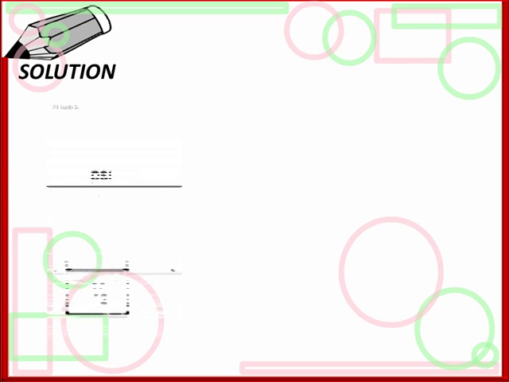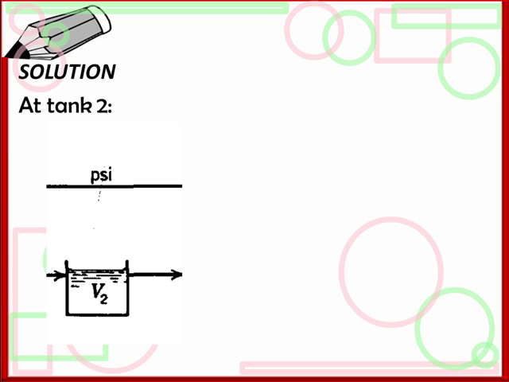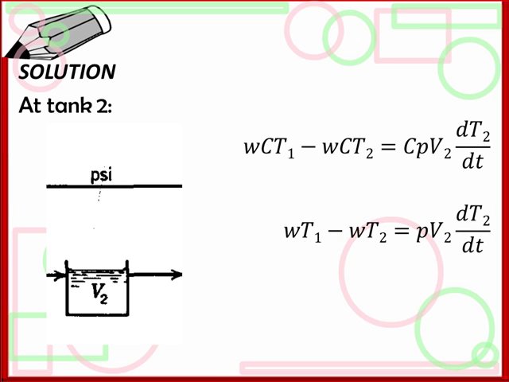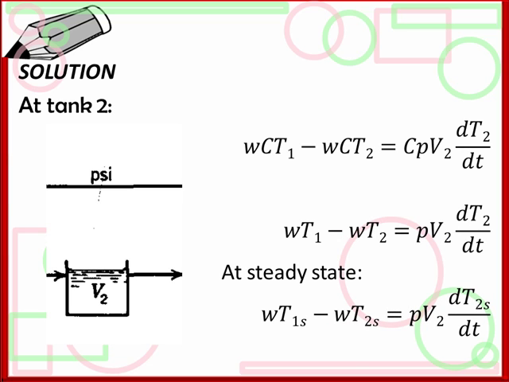We now consider tank 2. Letting T1 be the temperature entering tank 2, T2 the temperature leaving the tank, and V2 its volume, we can have this equation, and it can be reduced into this equation. At steady state, this is the equation generated.